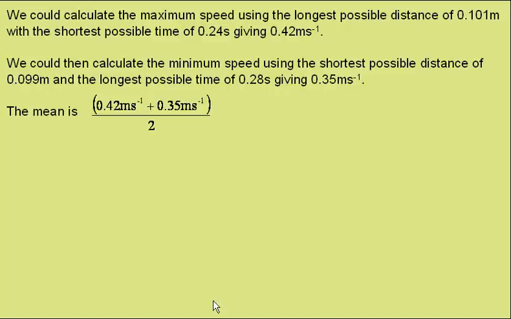The mean is the largest plus the smallest over 2, giving 0.39 meters per second. So we could quote 0.39 plus or minus 0.04, which includes our lowest figure of 0.35 and our higher figure of 0.42.